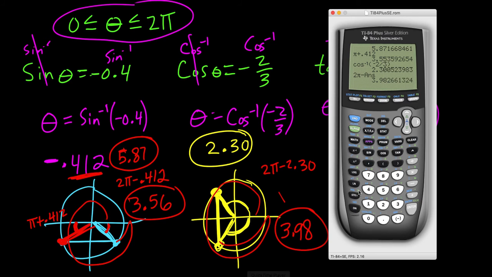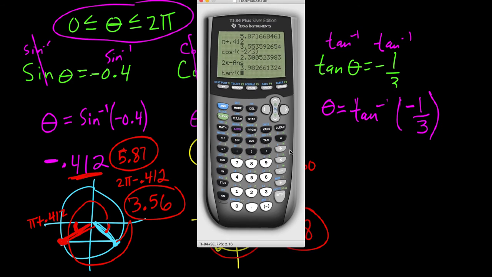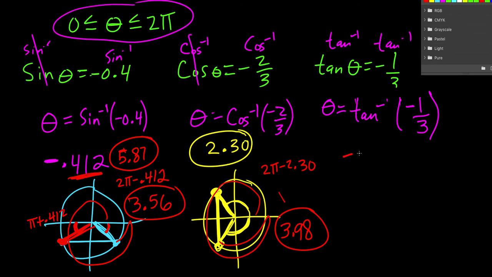All right, last one. So we're going to go second tangent of negative 1/3. We get negative 0.322. Okay, that's not one of our answers because it's negative.